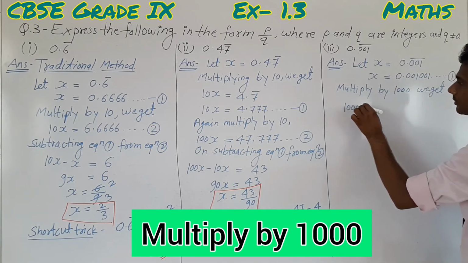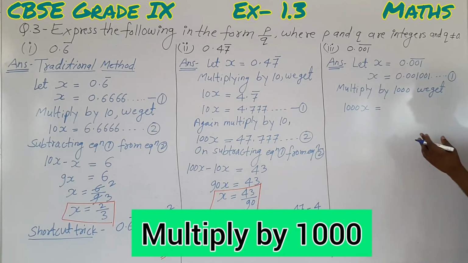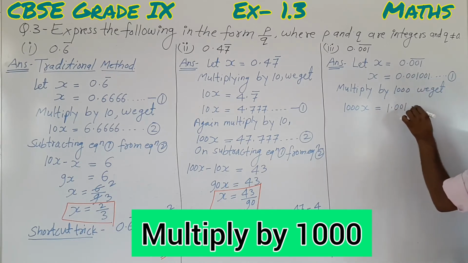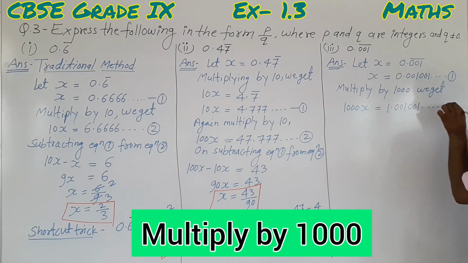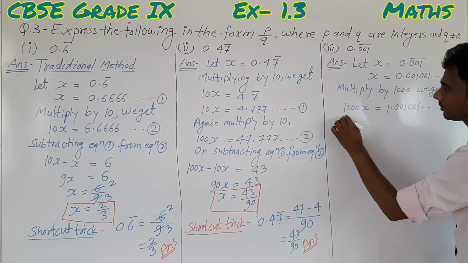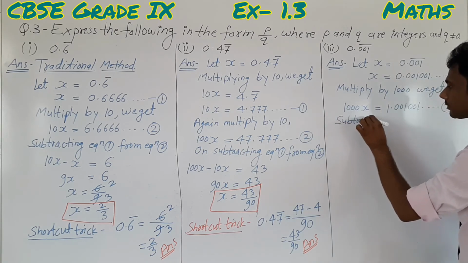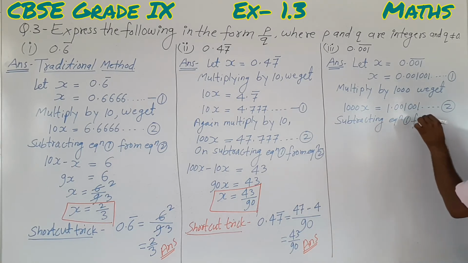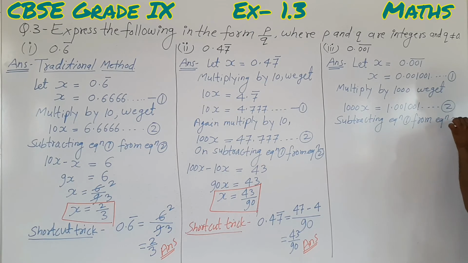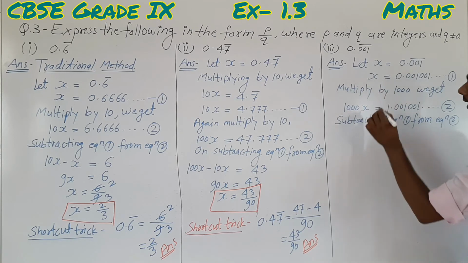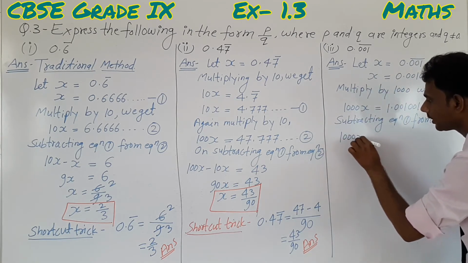We get 1000x is equal to, if you multiply by 1000, then it will be 1.001001... equation number 2. Now subtracting equation 1 from equation 2, we get 1000x minus x.